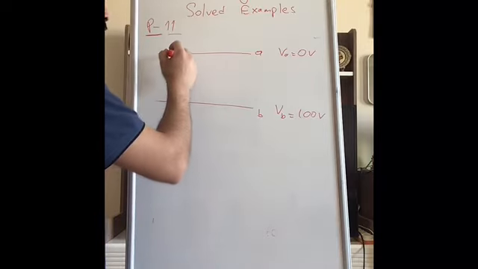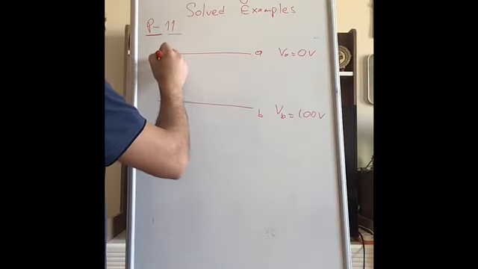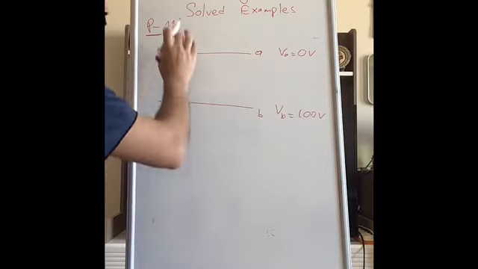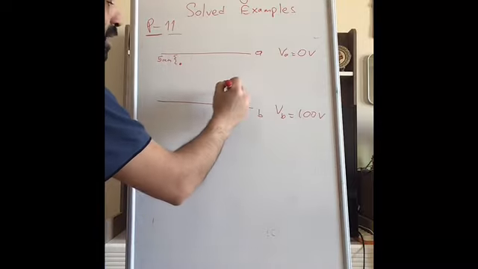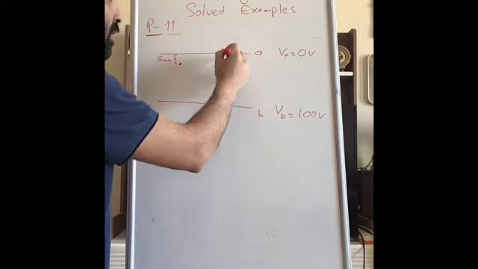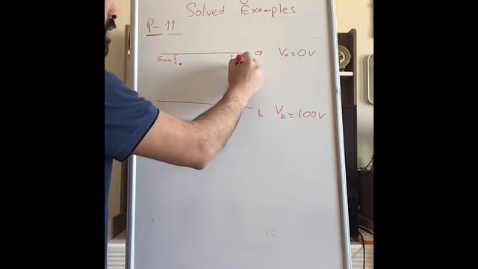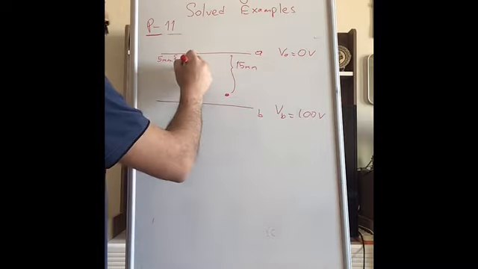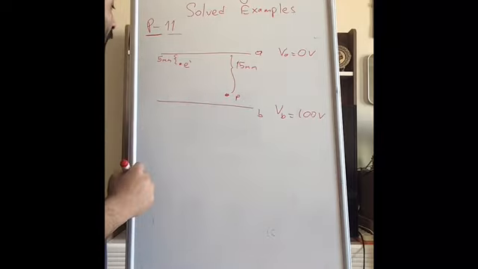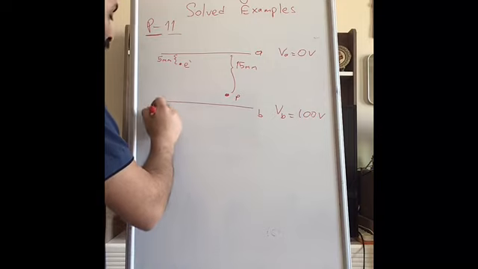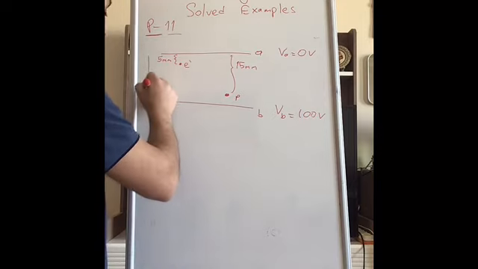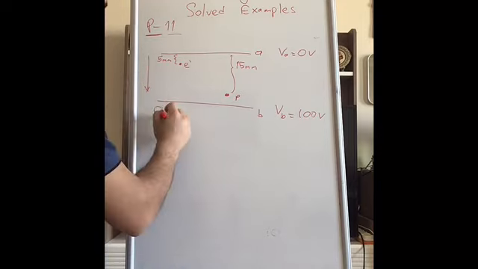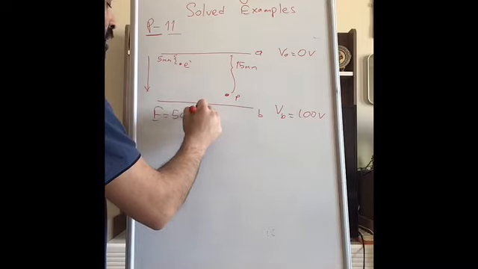Electron was here, 5 millimeter below the positive plate, and the proton was here, 15 millimeter below the positive plate. So this is electron, this is proton, and now we know the electric field. We calculated the electric field, which is in this direction, 5,000 Newton per Coulomb.